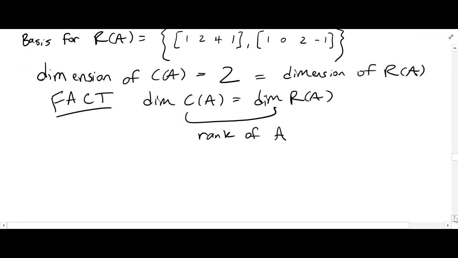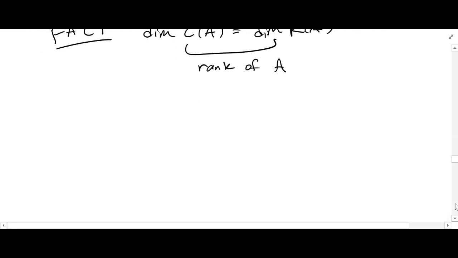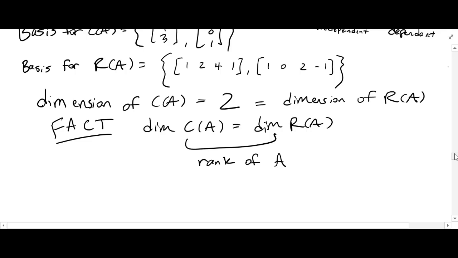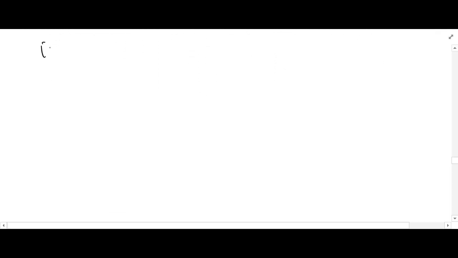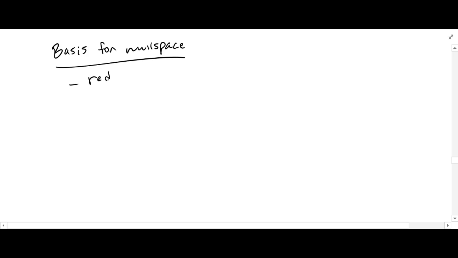What about finding a basis for the null space? Let's do that. To find the dimension or basis for the null space, the steps are: reduce your matrix to reduced row echelon form.